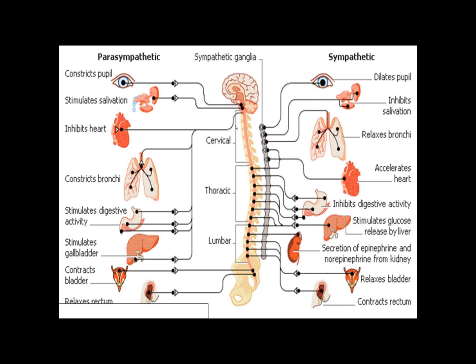That's why when people have an asthma attack, they give them stimulating hormones like epinephrine and norepinephrine to stimulate the relaxation of the bronchial areas, because that's necessary for getting more oxygen in when you're fighting or running away, for example. So this is a fairly quick overview of the central nervous system and the peripheral nervous system.